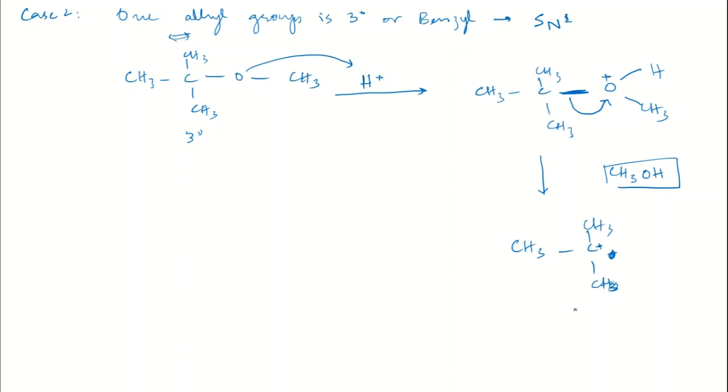Now in the next step, again the halide ion. Let's take the example of iodine, I negative, because we have considered it the most nucleophilic of all the halide ions. It is going to attack this carbocation, and we'll be getting CH3.